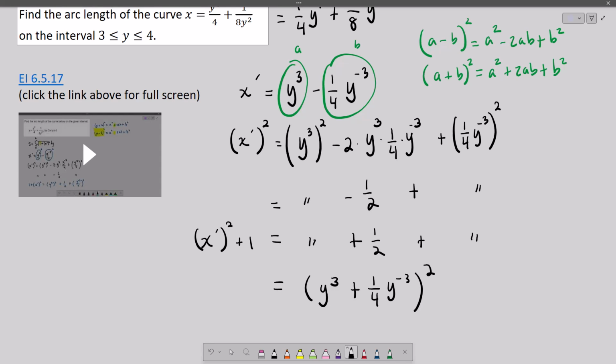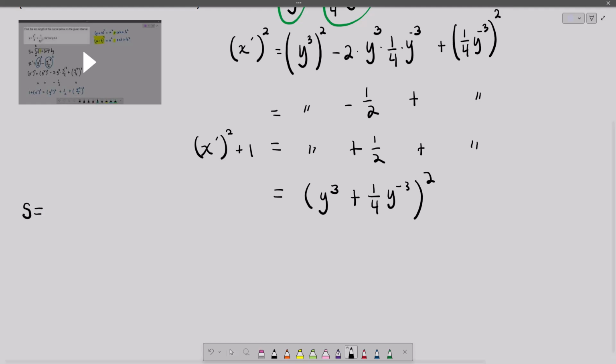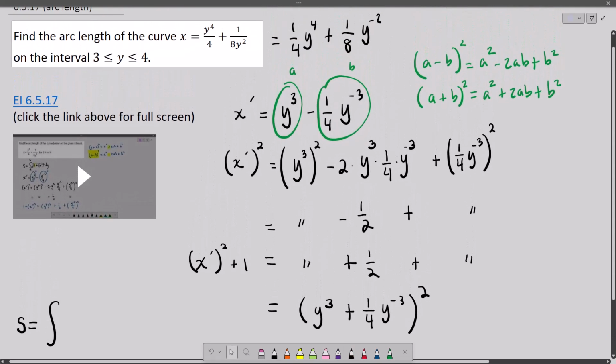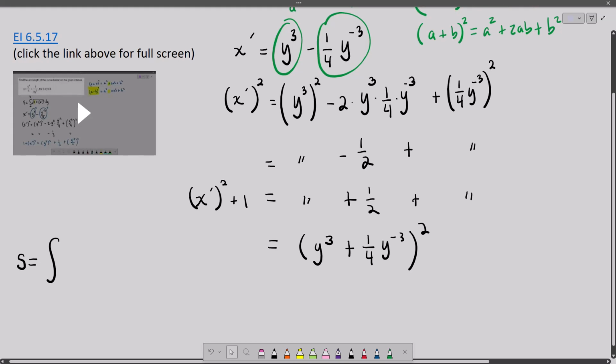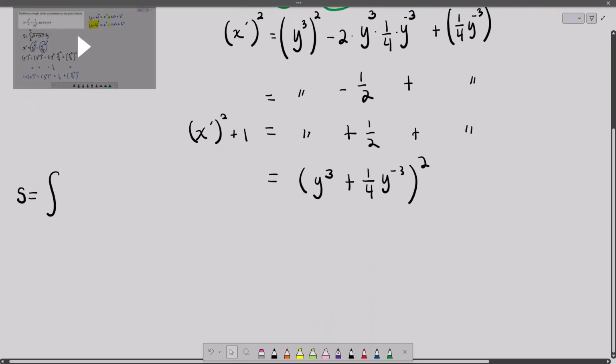Yeah, it takes a few of these before they start to feel easy. So arc length, we'll use a little s. Now, we are integrating with respect to y, so we need y limits of integration, which they gave to us, 3 to 4.